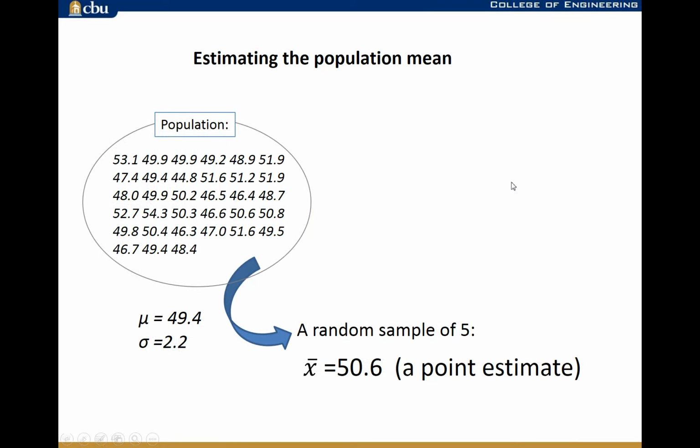So then we can estimate the population mean now, okay? We randomly sampled 5, and this is what we call a point estimate.